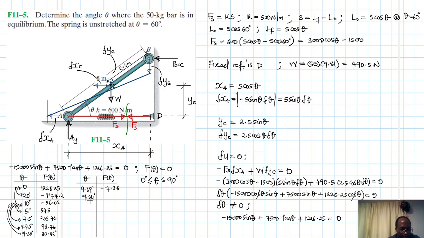We plug it in. That's minus 15,000 sine 9.54 plus 7,500 tan 9.54 plus 1226.25. So this gives us a 0.66. So we can get the average of the two.